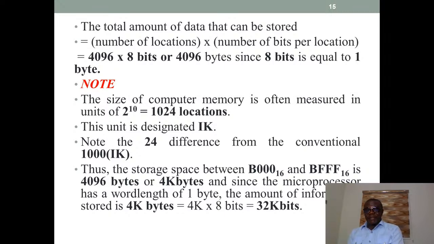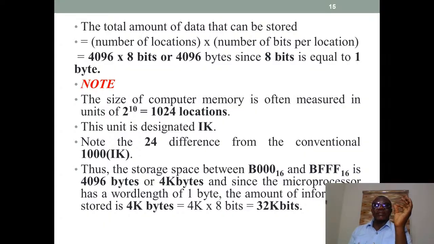It is a 1-byte computer, meaning that the computer uses 8 bits to perform any action it is going to perform. Now, we found that there are 4096 locations between the starting address, which is B000, and the final address, which is BFFF. So, each of these addresses stores 8 bits.